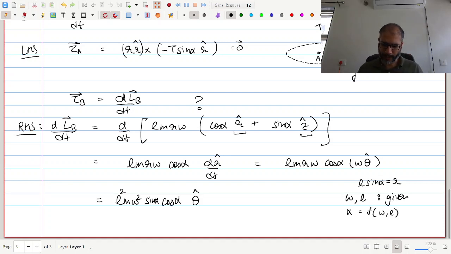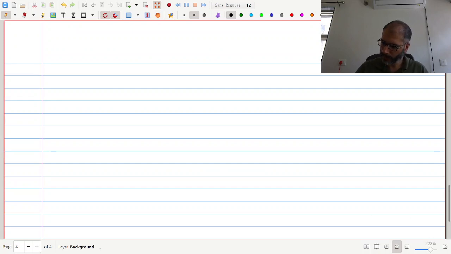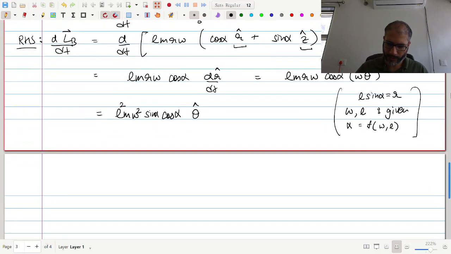So this is my expression for the rate of change of the L_B vector. If needed, I can substitute alpha in terms of omega and L, but for now I'll just keep it this way. So now this is the RHS.